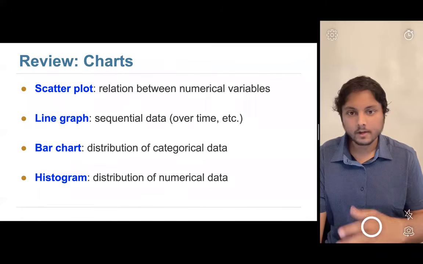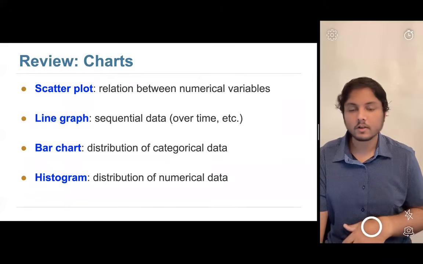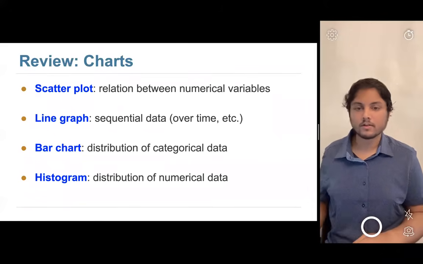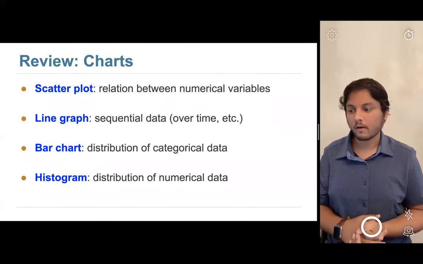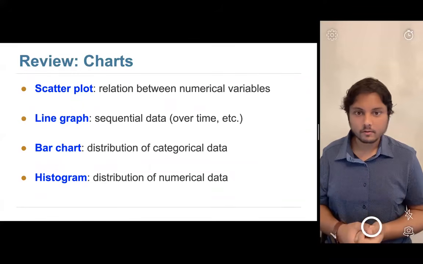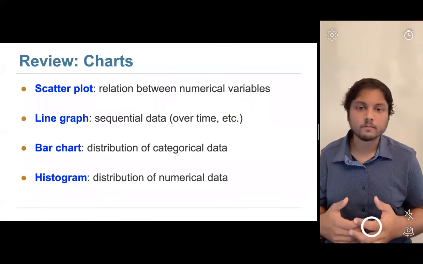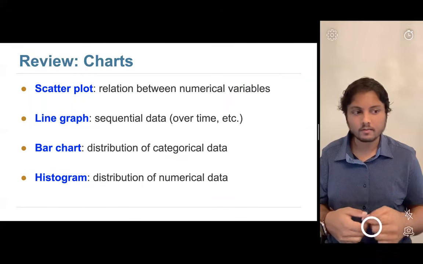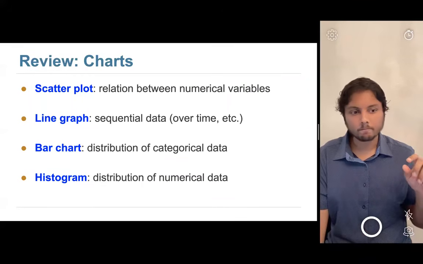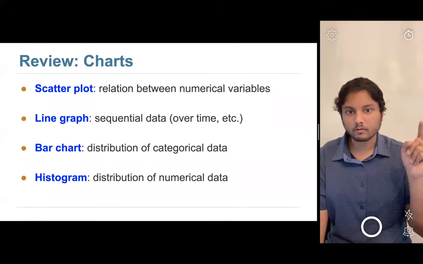And so to recap all the charts that we've gone over so far, we've actually seen 4 charts so far. Last week we saw scatter plots, which is what allows us to visualize the relationship between 2 numerical variables. Then we talked about line graphs, which is also another way to visualize the relationship between 2 numerical variables. But in the case of a line graph, along your x-axis, you're only going to have one value for the y-axis.